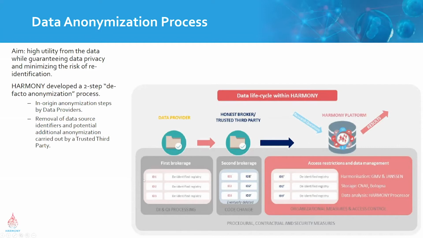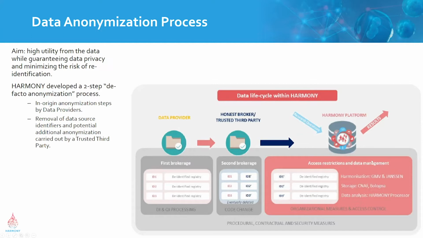You will have obviously removed all the really obvious ones, like the patient name and the date of birth and things like that. They will then remove your patient ID, right? So you will have a trial number or whatever it is to identify each of your patients uniquely. They will remove that number and insert their own number. And it is that second ID that is eventually put onto the Harmony platform.